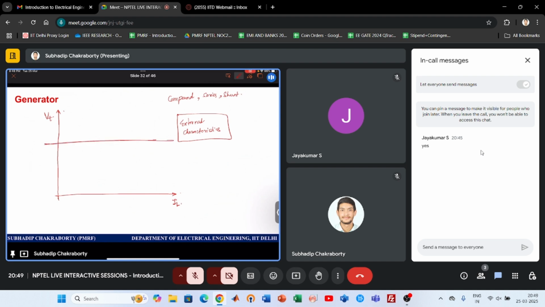What I desire is that at my full load, my voltage should ideally be the rated voltage. Or ideally the no load voltage should be the rated voltage. That is the desire, right? But as you know, with load it will drop, right?